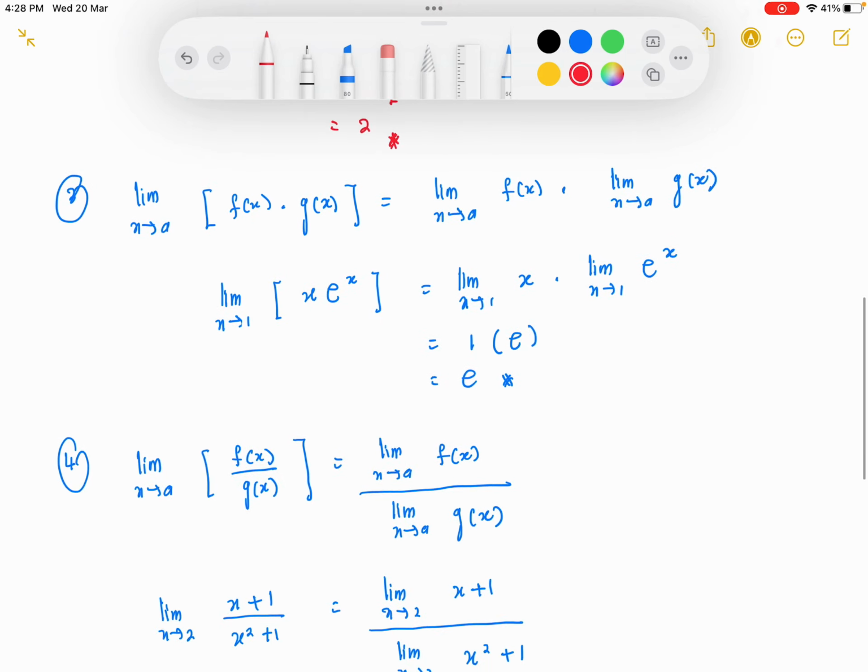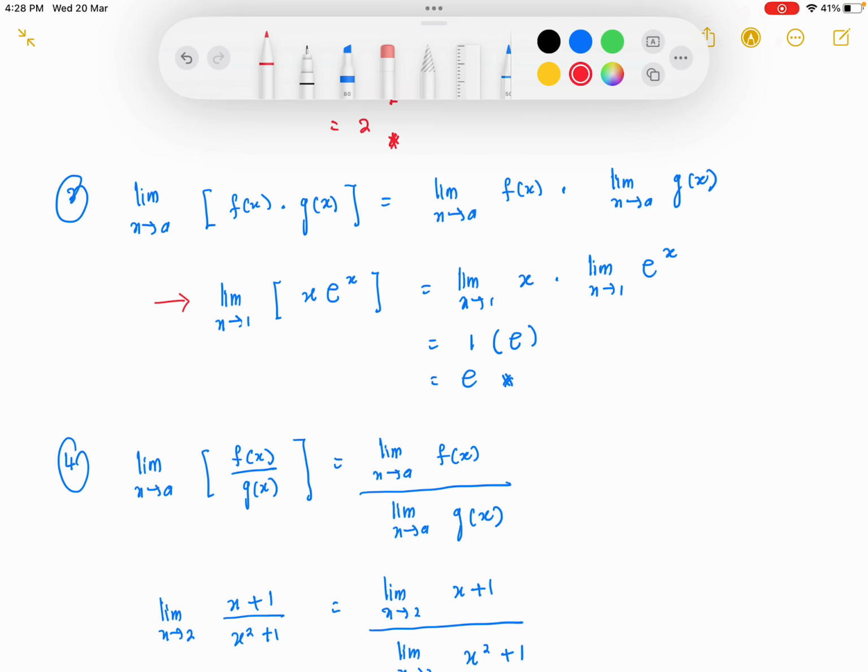And number 3: if we have the limit as x approaches a of f(x) times g(x), we can separate these two limits. We get the limit as x approaches a of f(x) times the limit as x approaches a of g(x). Okay, for example, we have the limit as x approaches 1 of the function x times e to the power of x.